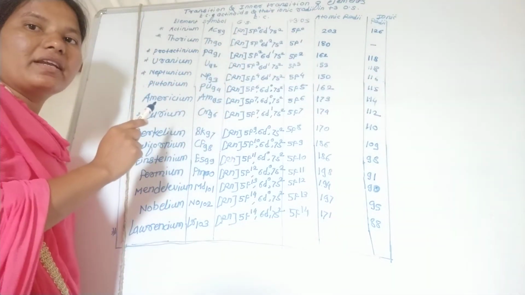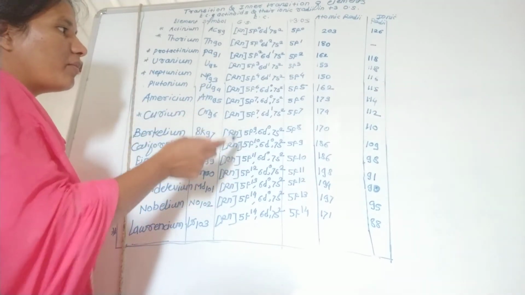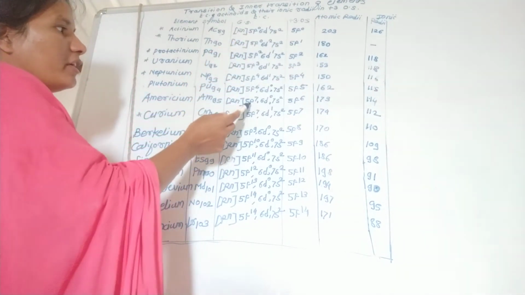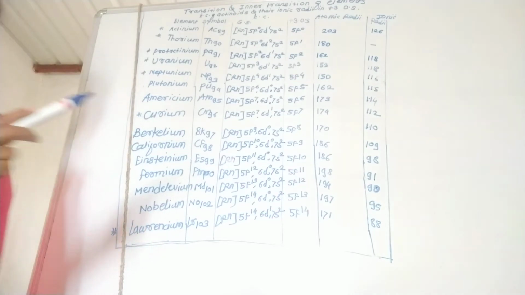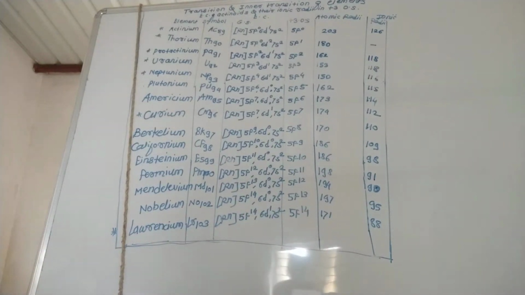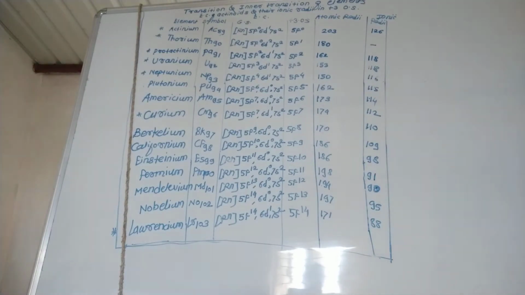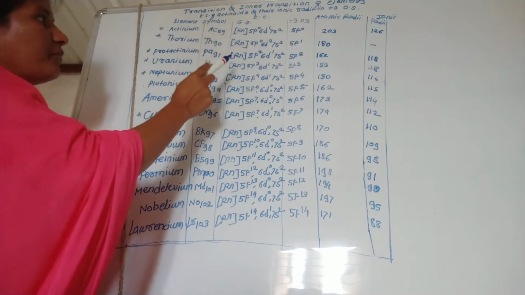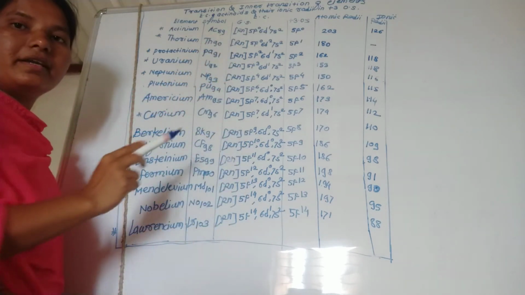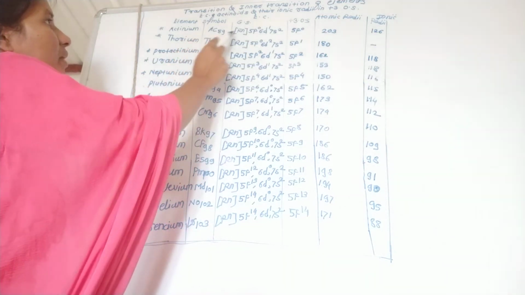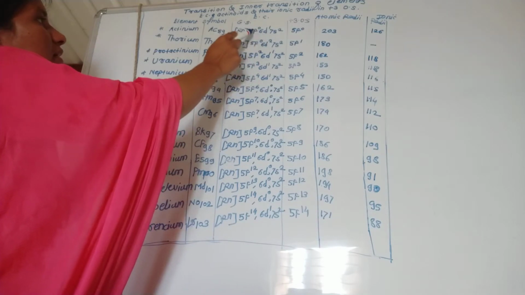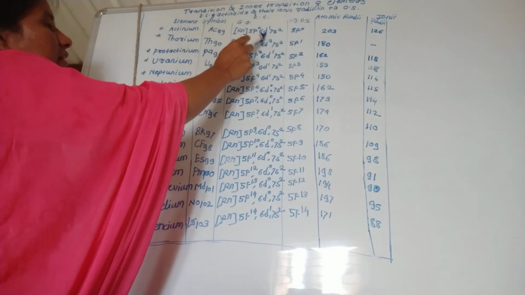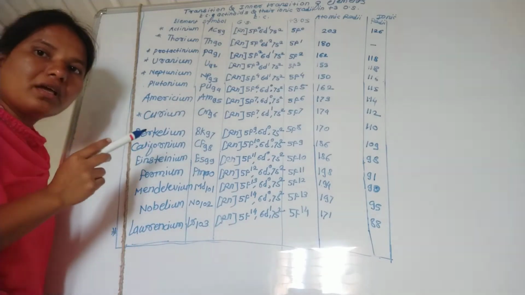Because an f orbital is more stable when it is zero filled, half filled or full filled. That's why the last electron first enters the s subshell, then it does not enter the f orbital, it enters the d orbital because of the stability.